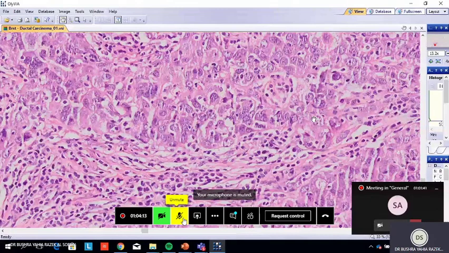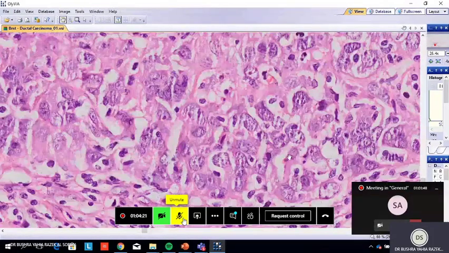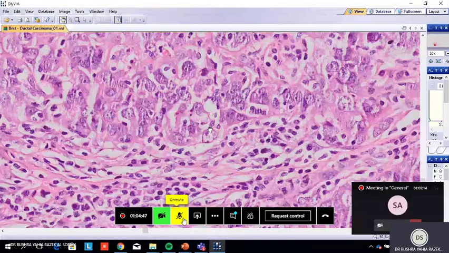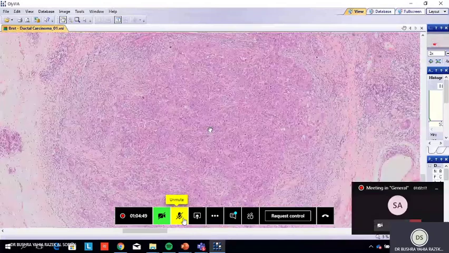Some epithelial tumors show vesicular nuclei, like breast carcinoma and also squamous lung carcinoma. Some tumors don't show vesicular nuclei. This is what we call vesicular nuclei. The nucleus looks not empty but has less chromatin, with the presence of nucleoli. Can you see the nucleoli inside?